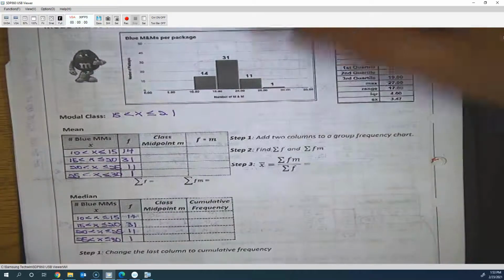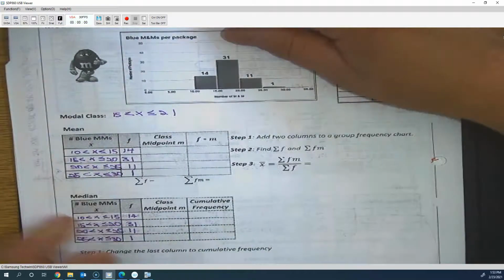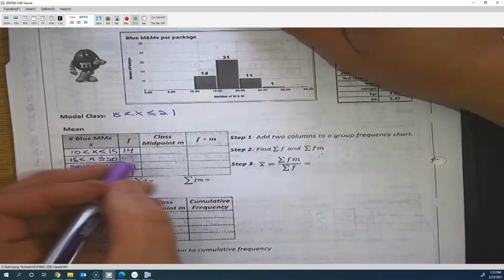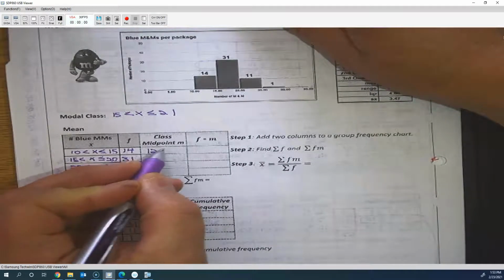All right, so to get the median and the mean, we're going to have to use the midpoints again. So here's my midpoints.